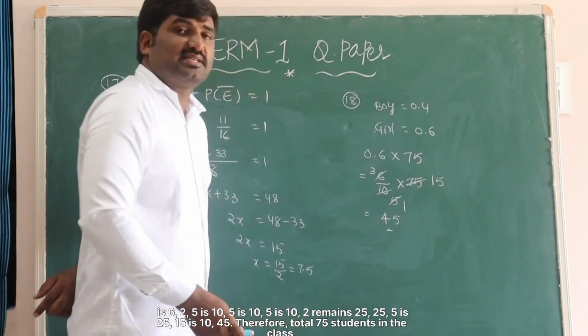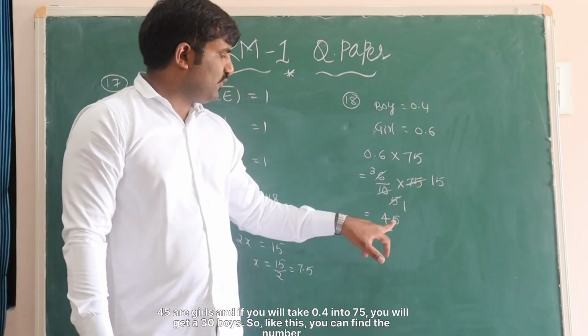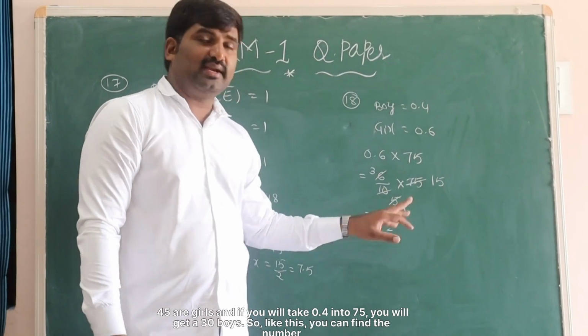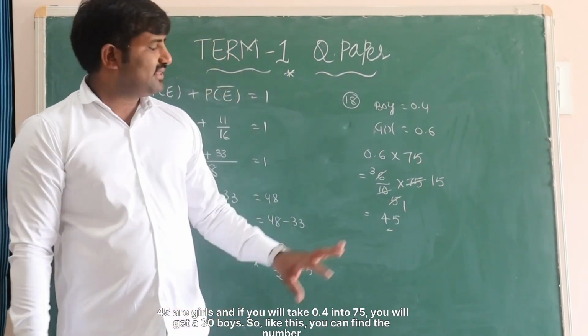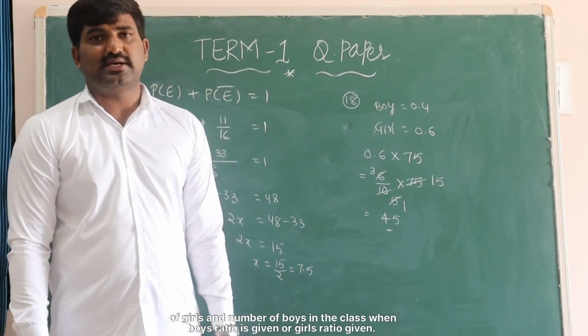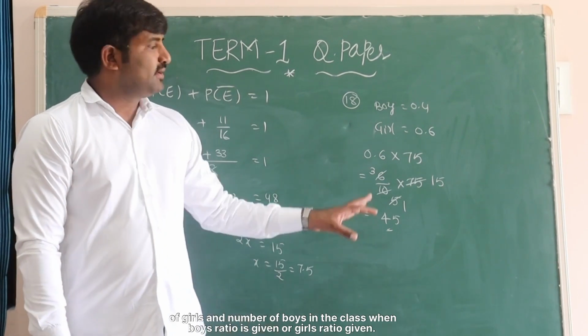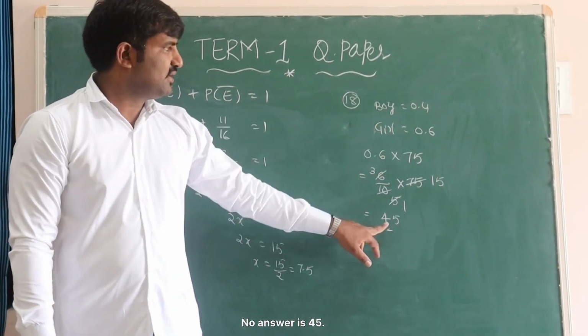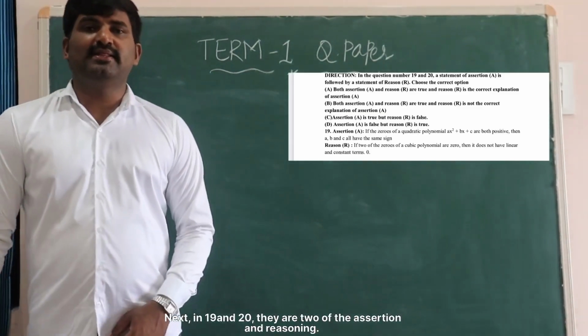Therefore, of the 75 students in the class, 45 are girls, and if you take 0.4 into 75, you will get 30 boys. So like this you can find the number of girls and boys in the class when the boys ratio or girls ratio is given. Now the answer is 45.